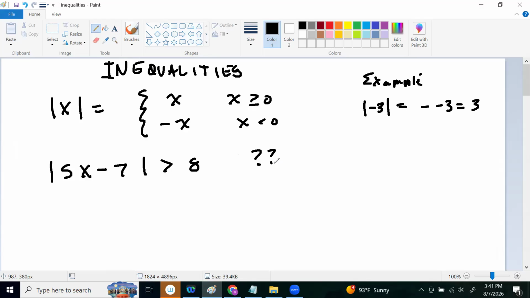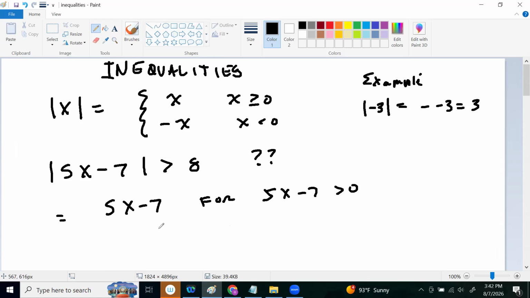Well, what we know is that the absolute value of 5x minus 7 is equal to itself, 5x minus 7, for 5x minus 7 greater than 0.